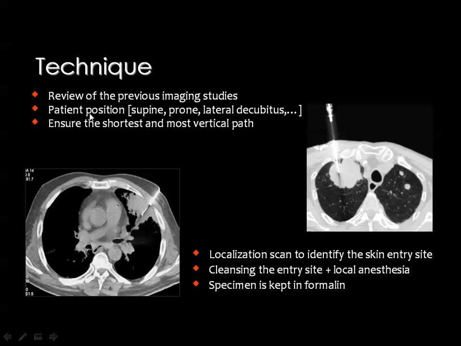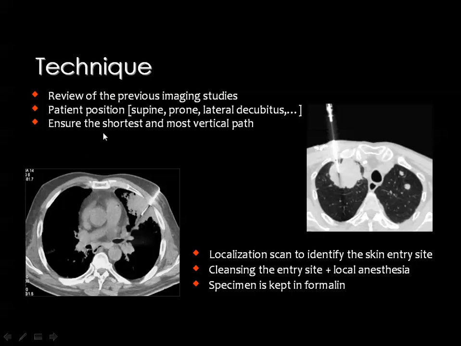Then you put the patient in the position which was selected according to the site of the lesion. The patient may lie supine like this one, and this one is also supine, or prone, or sometimes you put the patient in the lateral decubitus position with the side of the lesion above.